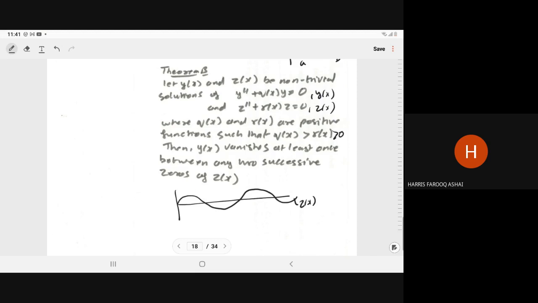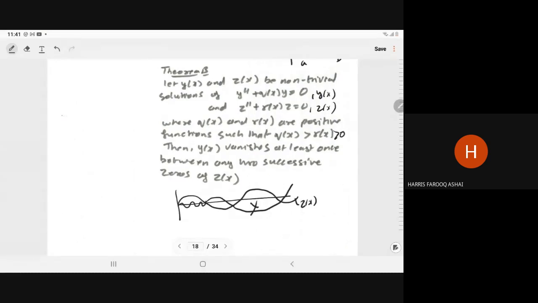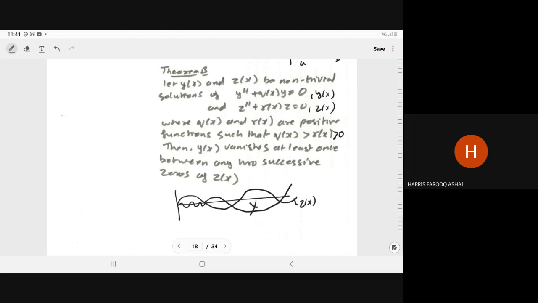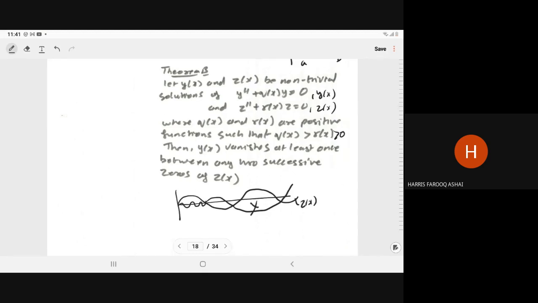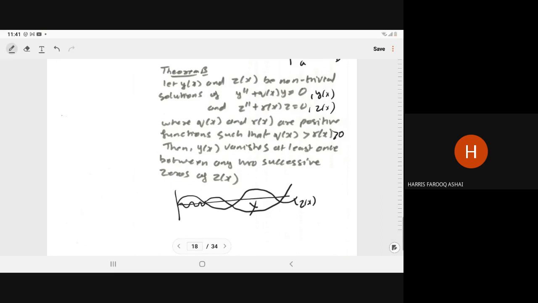When we have this, the Sturm comparison theorem states that we have either more than one zero or one zero. We will never face the situation that there is no zero. At least one zero will always be there between two consecutive zeros of z. Between two consecutive zeros of z, we always have at least one zero of y.